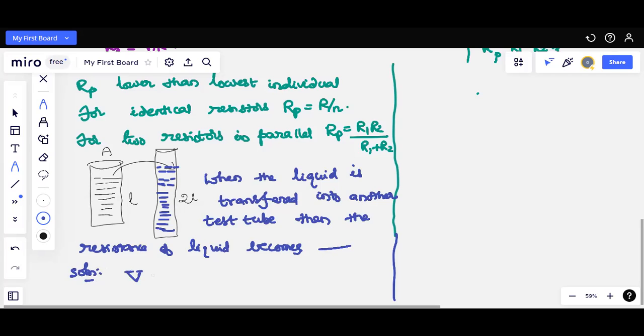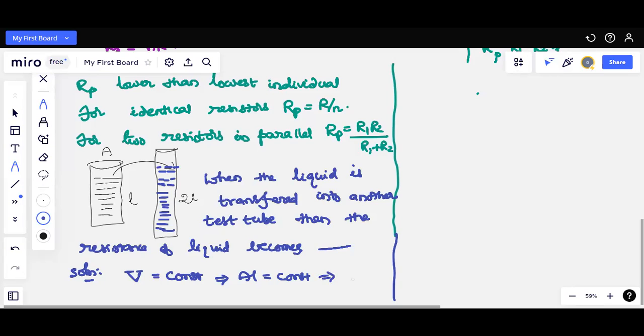Volume is constant means area into length is constant. A into L is constant, so area becomes A by 2.